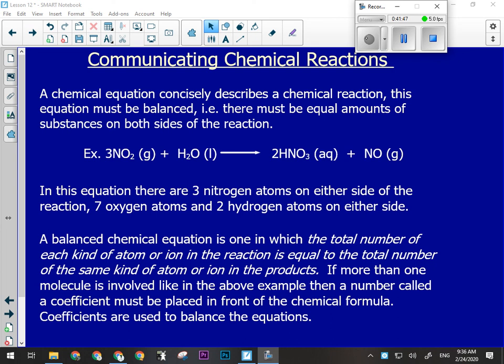So a properly communicated chemical reaction looks like the example here, where I have 3 molecules of nitrogen dioxide reacting with 1 molecule of water to produce 2 molecules of hydrogen nitrate and 1 molecule of nitrogen monoxide. This reaction is balanced because on this side there are how many nitrogen atoms?